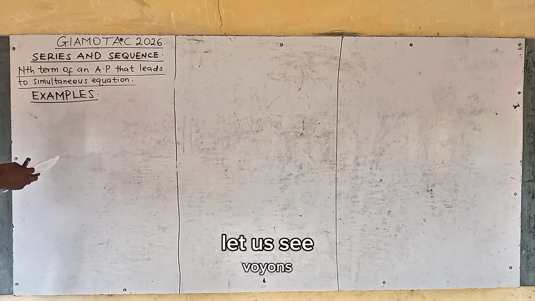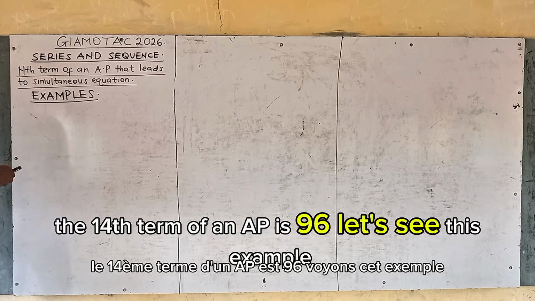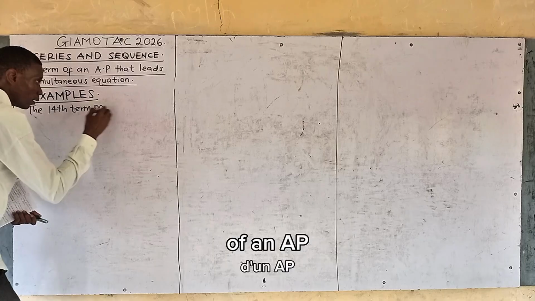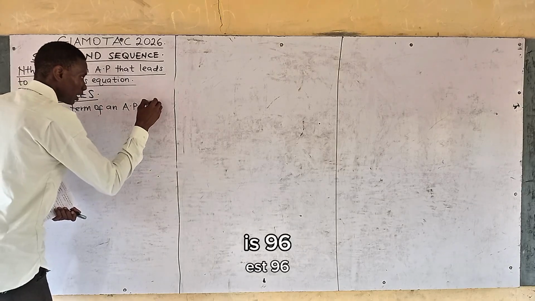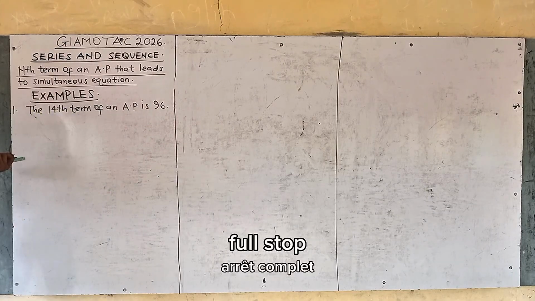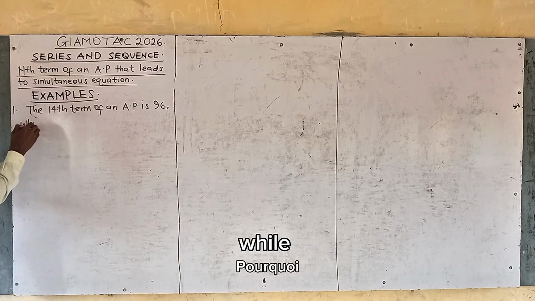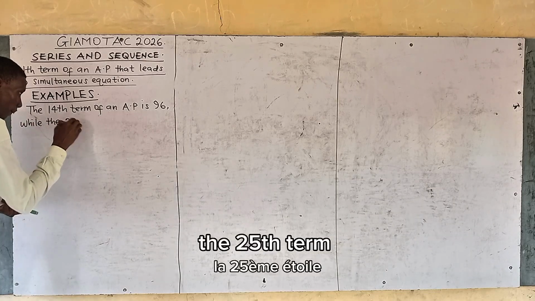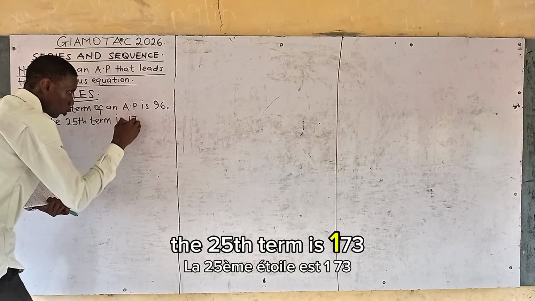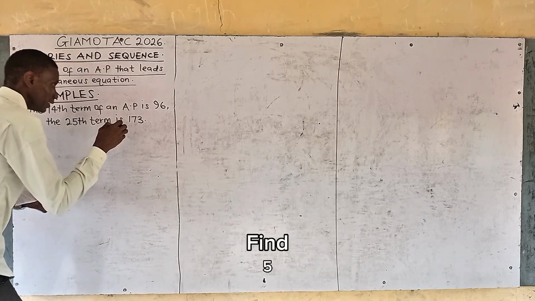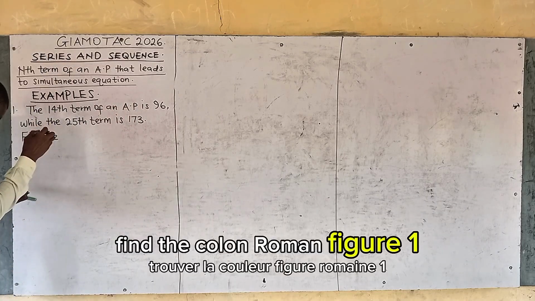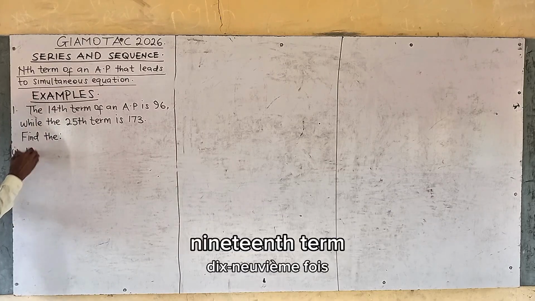Let us see this example. The 14th term of an AP is 96, while the 25th term is 173. Find, Roman figure 1, the 19th term.